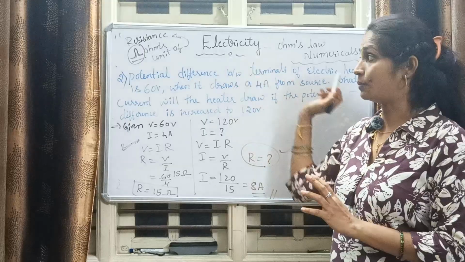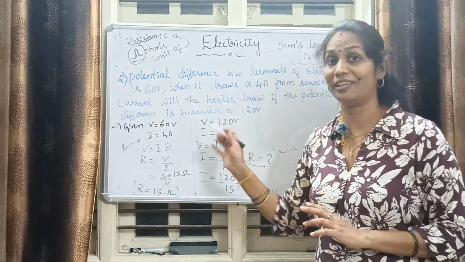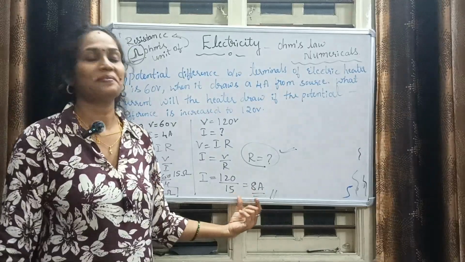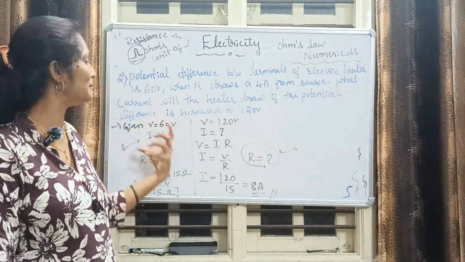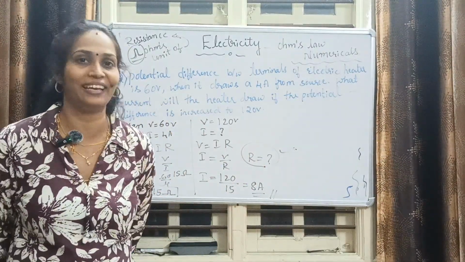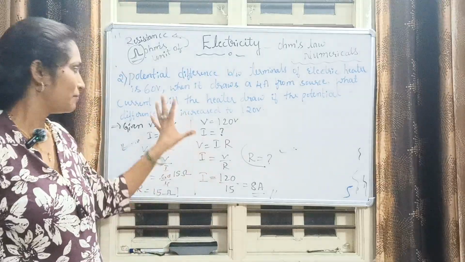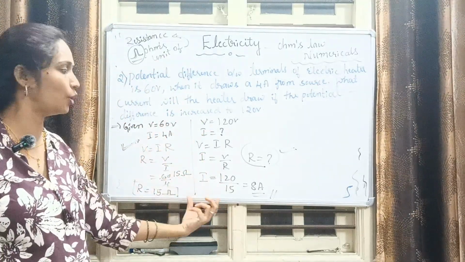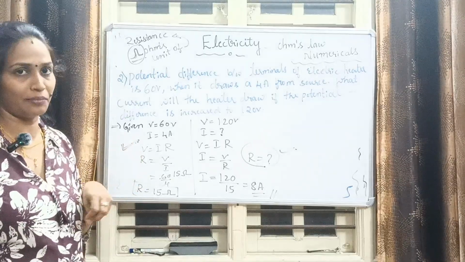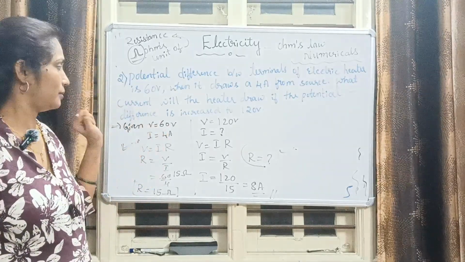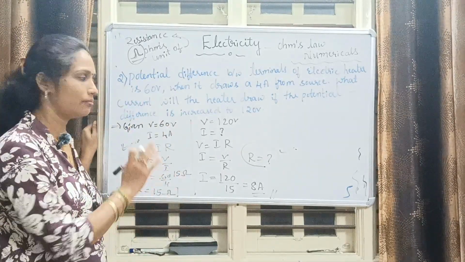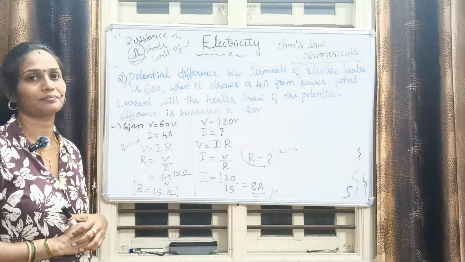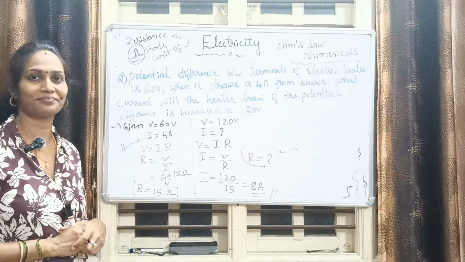By observing the given data, you can calculate the current by knowing the relationship between V and I. But you have to mention all these things and show it in a calculated manner only. But there is a logic, and that logic is also important. Take down.